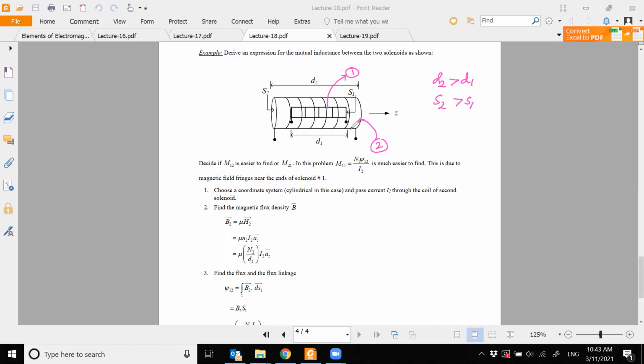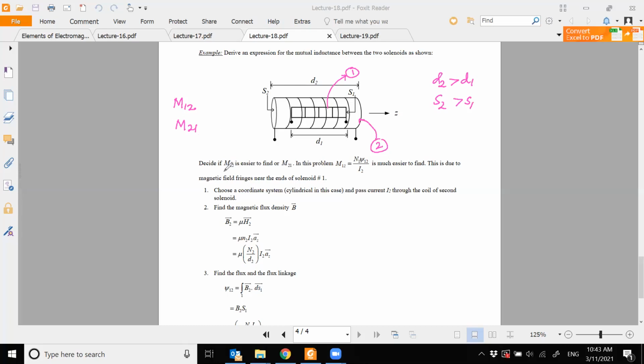Now you need to find the mutual inductance between them. You have two ways: either you can find M12 or you can find M21. Both will give you the same answer. So you need to decide.